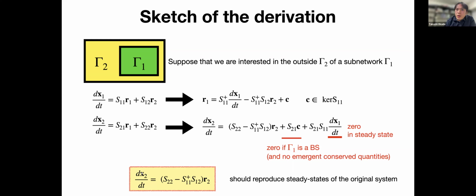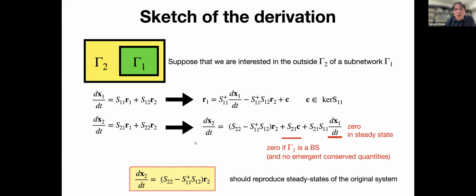So here x2 dot is the dynamics of x2, the concentration inside gamma 2, and it is described by S22 times R2. This S22 is the original stoichiometry matrix for gamma 2 plus the correction term.